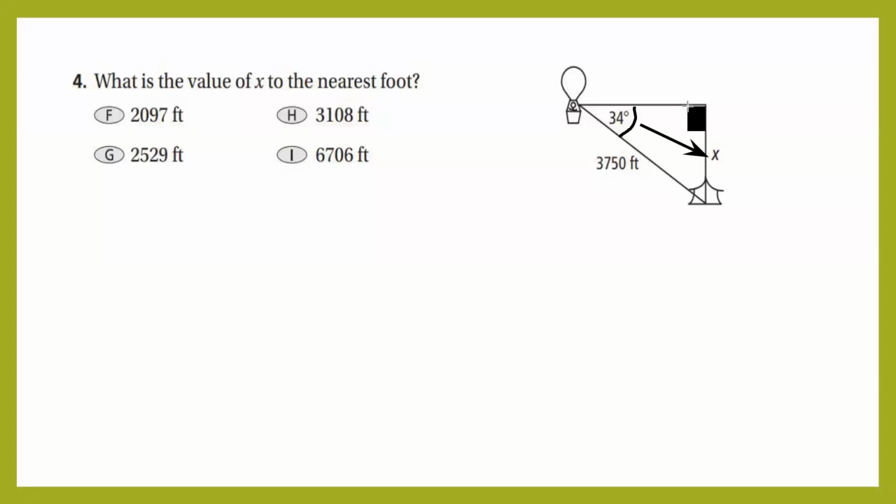This is my hypotenuse because it is opposite to the 90 degree. I have now to find the opposite while I have the hypotenuse. So which rule of the trigonometry is connected between the opposite and the hypotenuse? Which is sine.